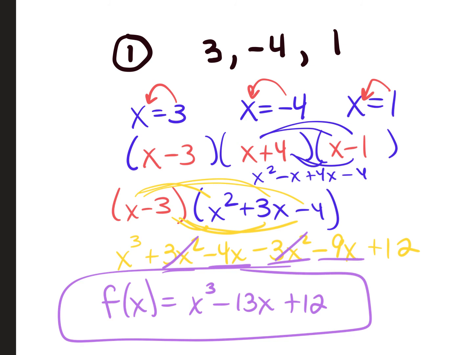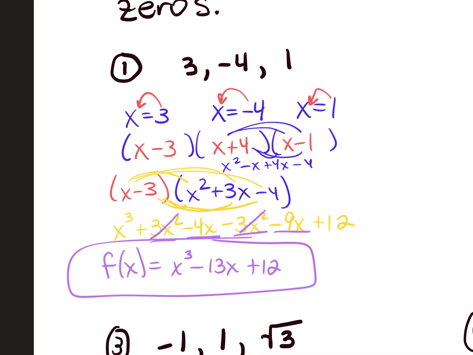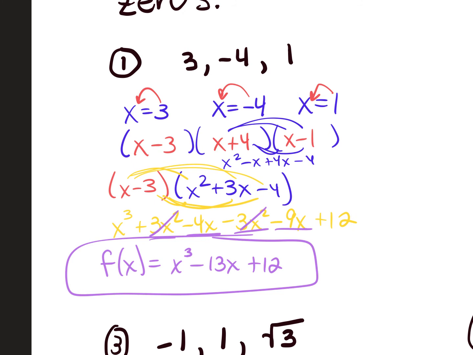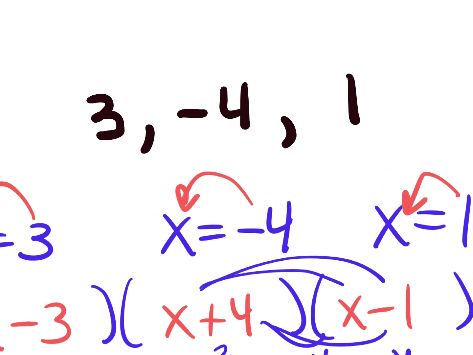Good. Now, guys, understand, I know that most of you can just look right from here and put it in parentheses. I just think it's best to do that first little step that I wrote, x equals, because how easy is it for you to just put x plus 3 in a parenthesis, x minus 4 in a parenthesis, and x plus 1? FOIL it out, and that's completely wrong because the signs are wrong.